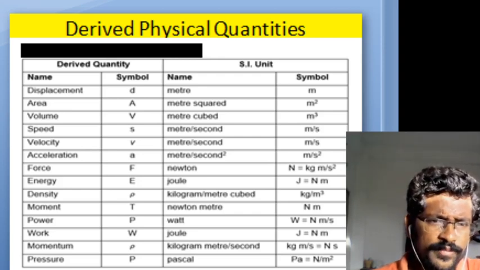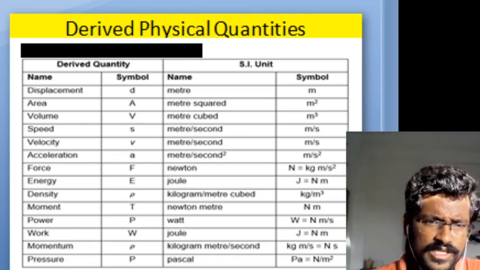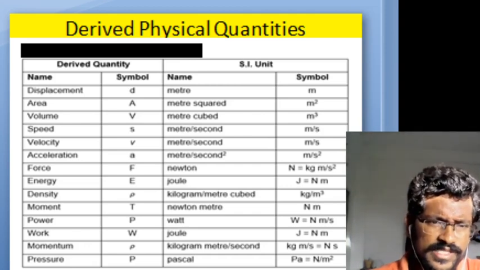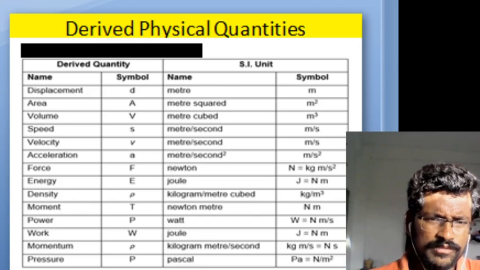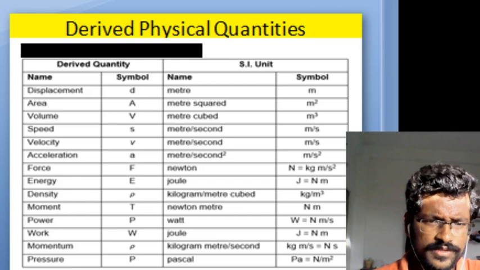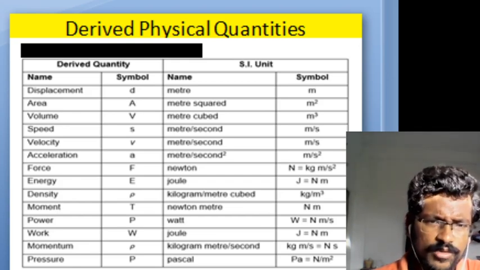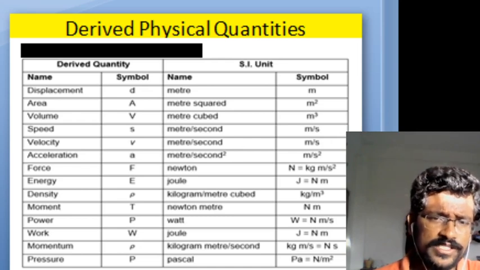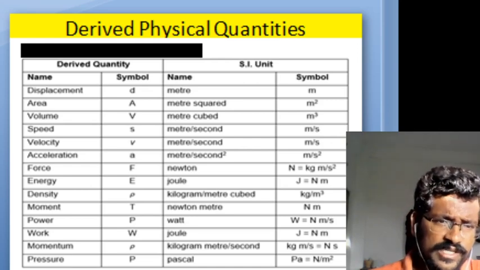It is denoted by E. The SI units of the energy is joules. 1 joule equal to Newton meter, and 1 joule equal to 10 power of 7 ergs. Ergs is the CGS units of the energy.